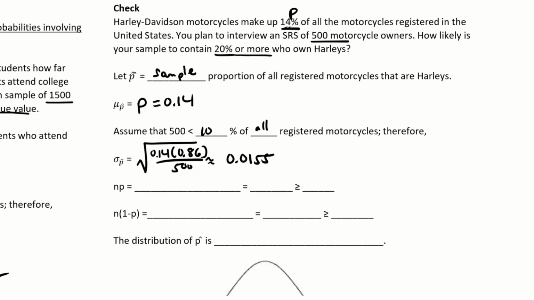Okay, so now we're going to do the large counts condition. So we got 500 times 0.14 is equal to 70, which is greater than 10, so that's good. And then here we got 500 times 1 minus that, so 0.86. That's going to give you 430, which is greater than 10, so good. Therefore, it's approximately normal.